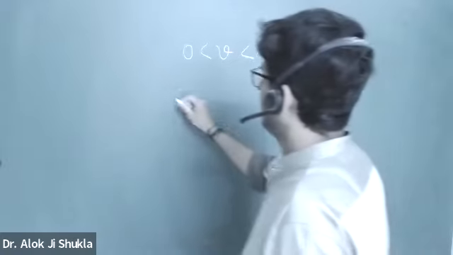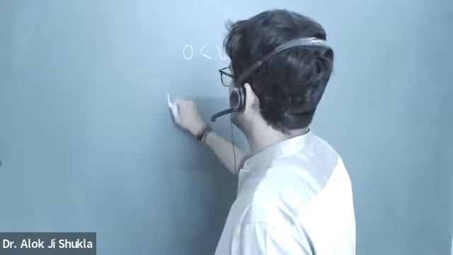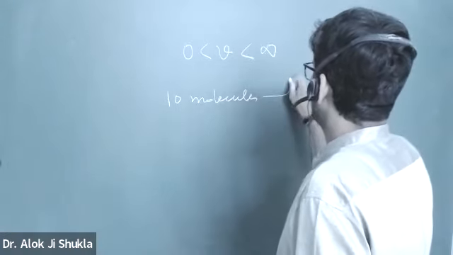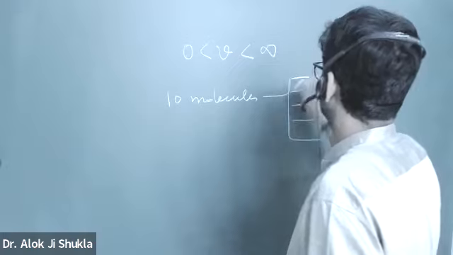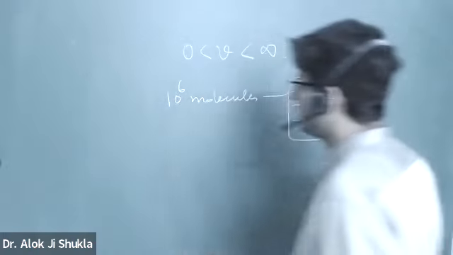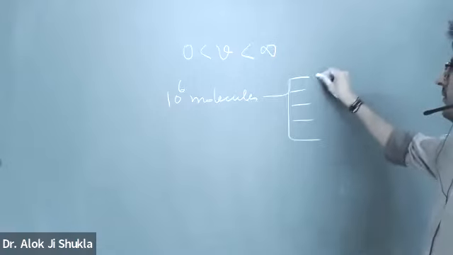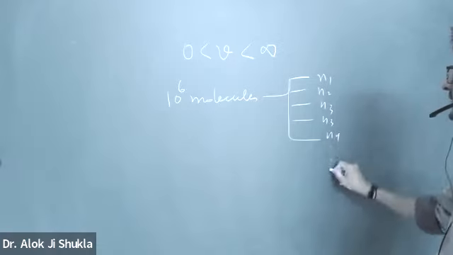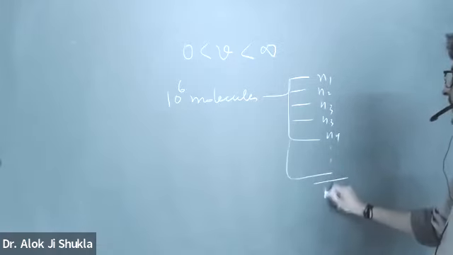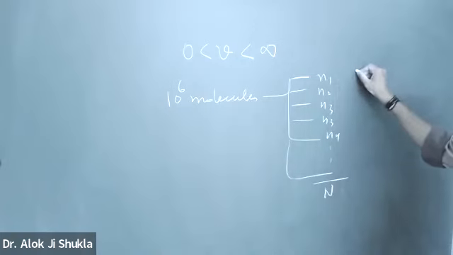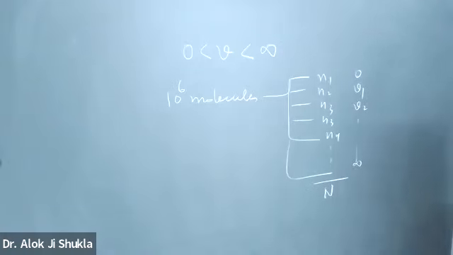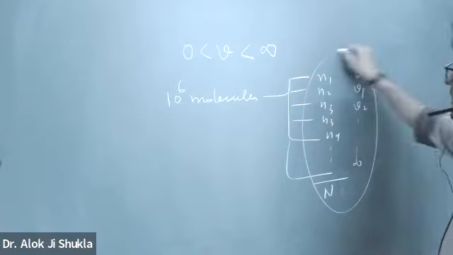If there are, say, n molecules, let me take 10 molecules, they will belong to different speeds. And if I increase the number to million, there will be different molecules n1, n2, n3, n4, and so on, total n, having different speeds like 0, v1, v2, and very large speeds like infinity. So this is what is called distribution.